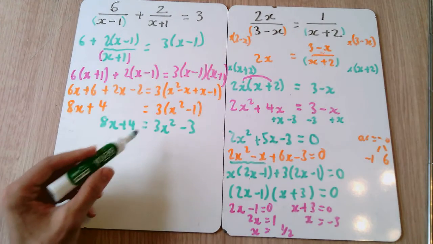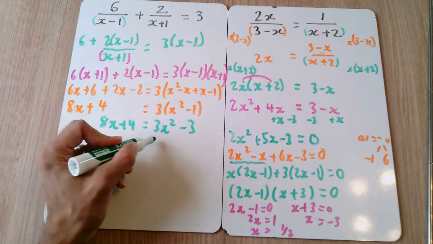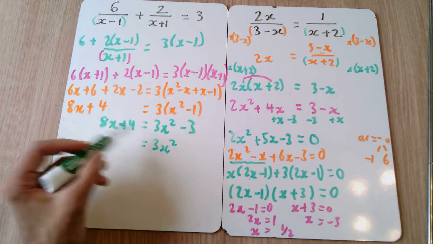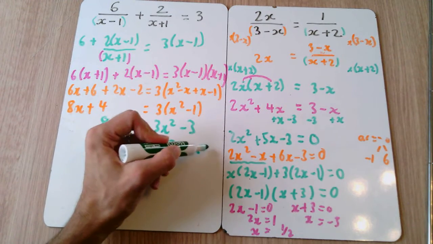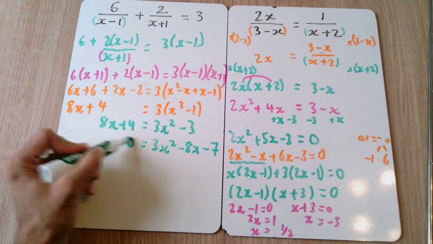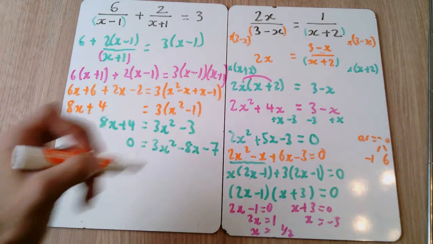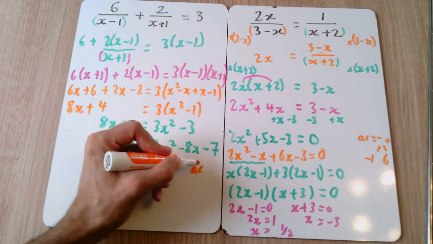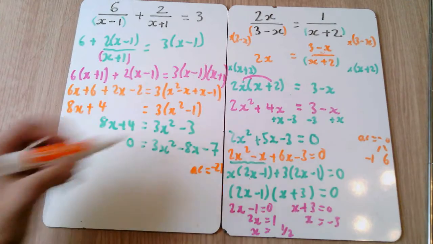And then we bring all the terms to the right hand side to keep the x squared positive, giving us 3x squared - 8x - 7 is equal to 0. So we have a quadratic here, and we are going to try and factorise this via the AC method. If we use the AC method, a times c, 3 and -7, is -21.